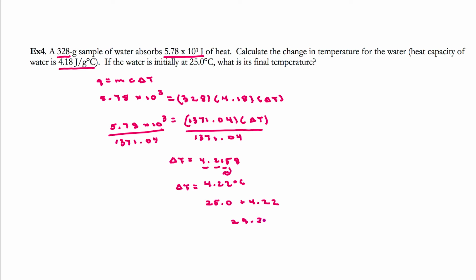Keep in mind, since I'm adding, my final rounding will be based on decimal places. So since 25.0 has 1 decimal place, this will just be 29.2 degrees Celsius. If my change in temperature had been negative, then it would be 25.0 plus negative 4.22, and the final temperature would have been lower, which is fine as well.